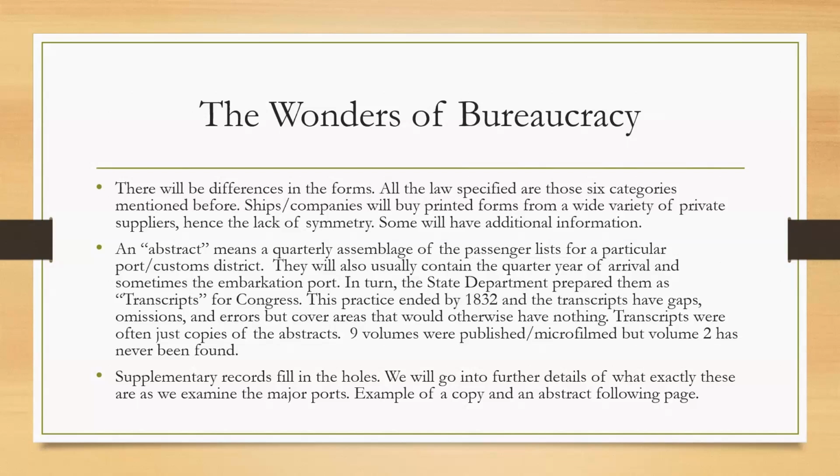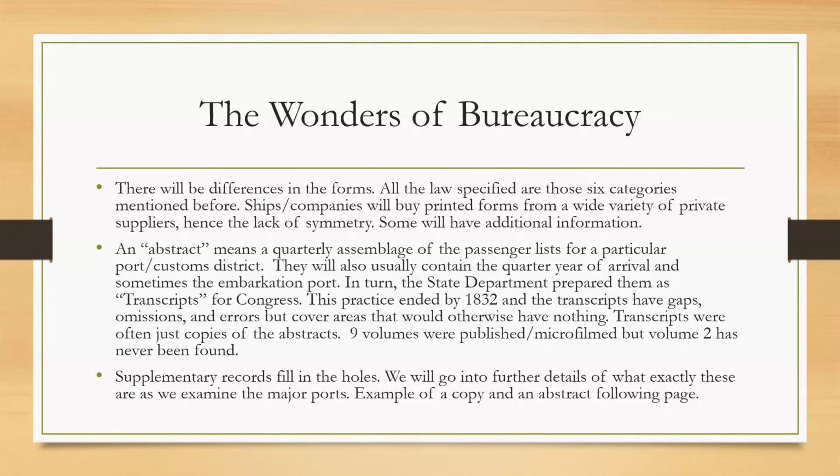From there, a copy would be put together with a quote unquote abstract, which is usually a quarterly assemblage of the passenger list for a particular port or customs district. They will usually contain the quarter year of arrival, 12 months in a year, 4 quarters of 3 months each.